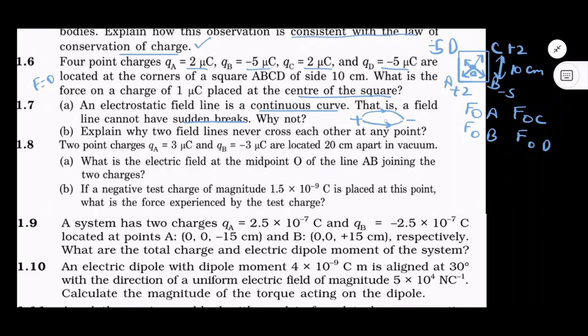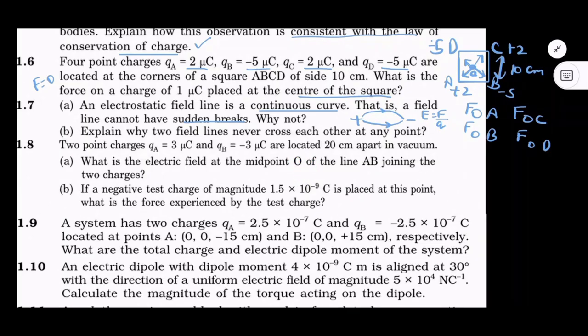Also, if we look at the mathematical expression, the field is equal to the force upon unit charge. Here we have no expression which deals with a sudden break, so we can say that the field lines are continuous in nature.